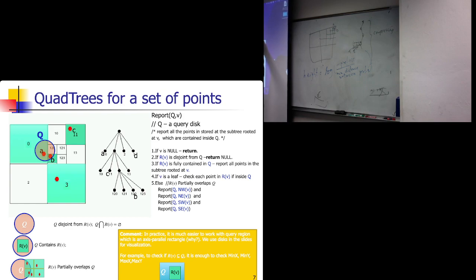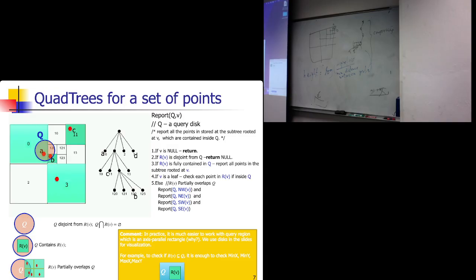In this case, of course, there is nobody in the subtree that V corresponds to that is also inside the query region. So if V is disjoint from Q, then we return null.